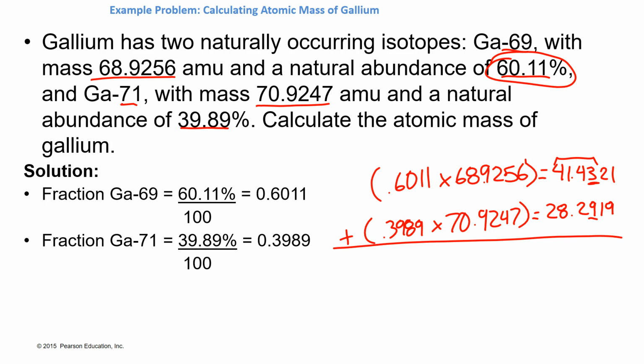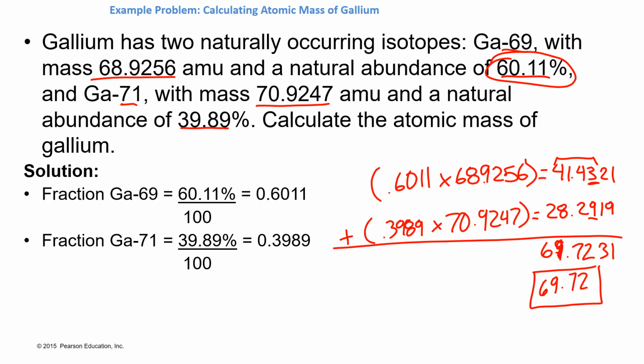So I add this together, and I get an unrounded number of 69.7231, and then my final answer would be 69.72.